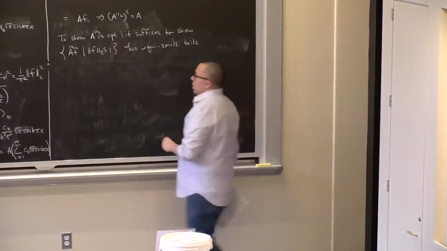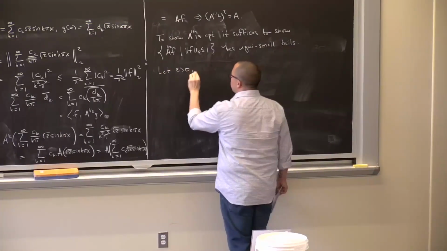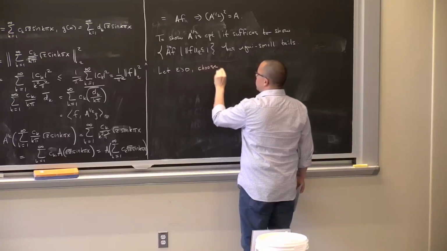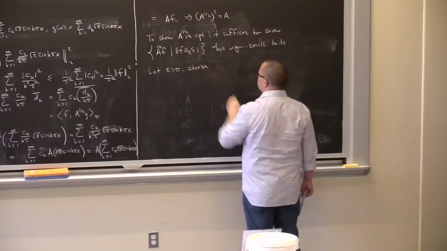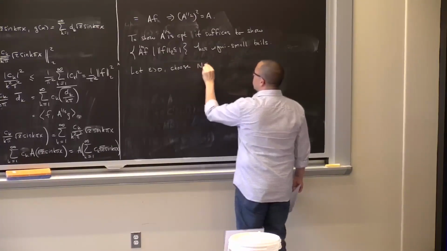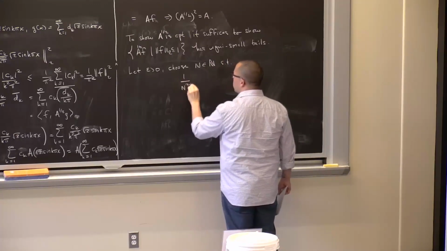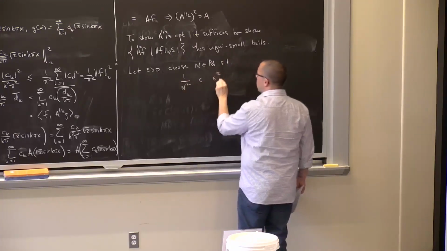So let epsilon be positive, and choose n a natural number so that 1 over n squared is less than epsilon squared.